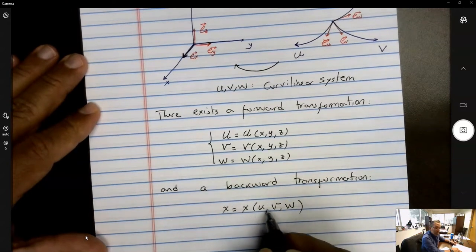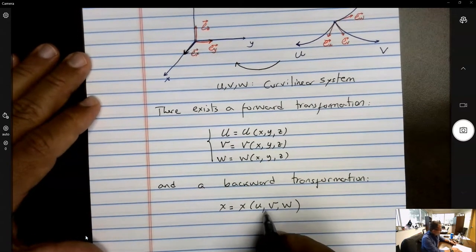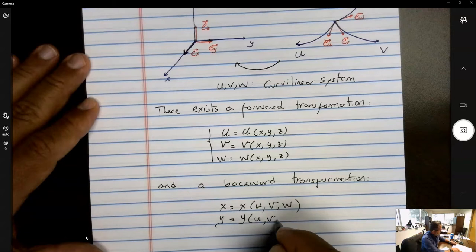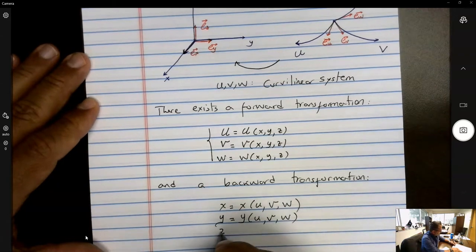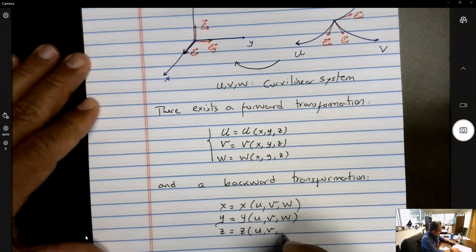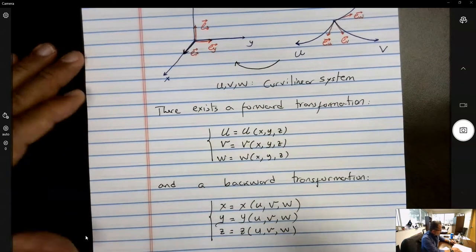So we can actually use an algebraic relationship between U, V, and W to come back to x, an algebraic relationship between U, V, and W to come back to y, and an algebraic relationship between U, V, and W to come back to z.